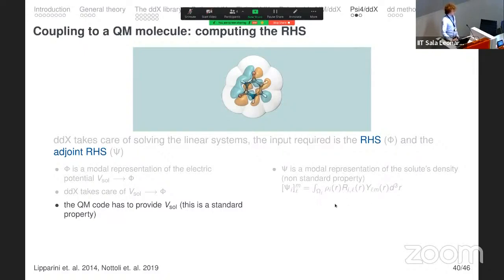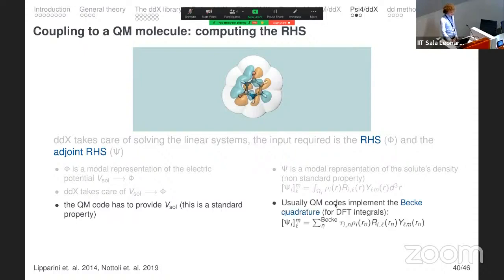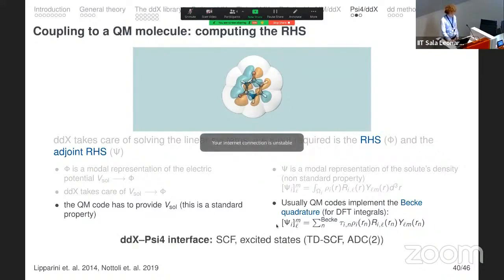We have to do it for real, which is not nice, but still many codes actually implement DFT, and DFT has already non-analytical integrals within it, and they use this Becke quadrature, so we can simply rewrite this integral as a quadrature over these Becke points, and we can again evaluate our adjoint right-hand side.